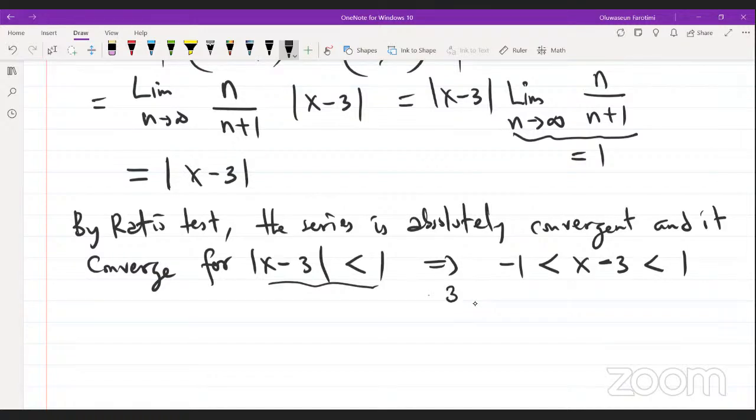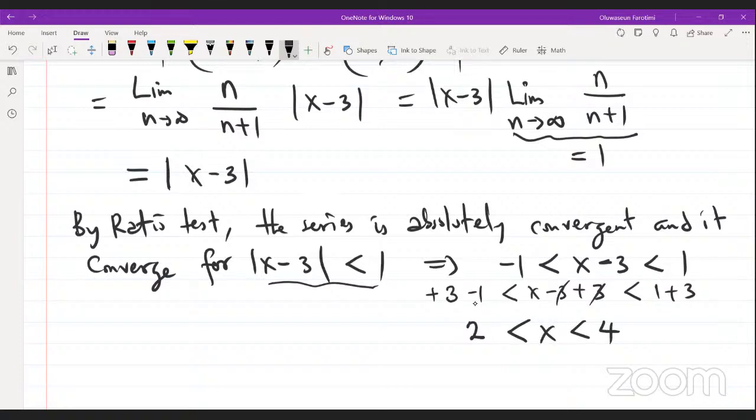You have negative 1 plus 3 less than x minus 3 plus 3 less than 1 plus 3. 3 minus 1 is 2, this cancels, so 2 less than x less than 4. Keep that in mind. When the center is different from 0, remember that this 3 is what we call the center.